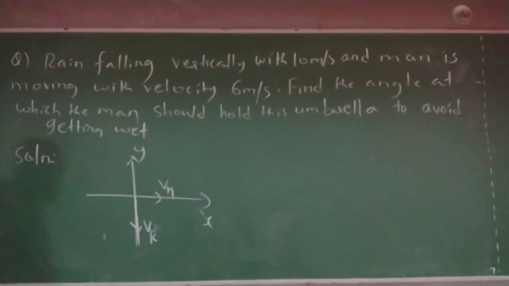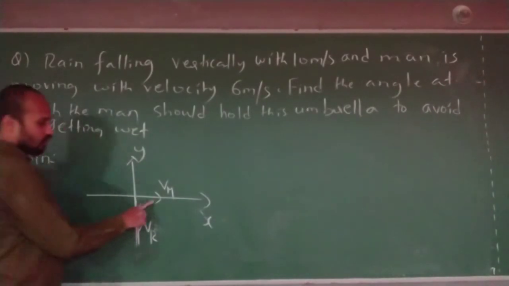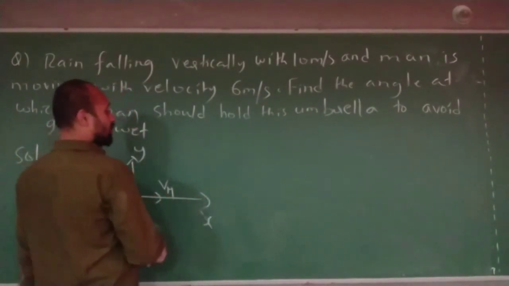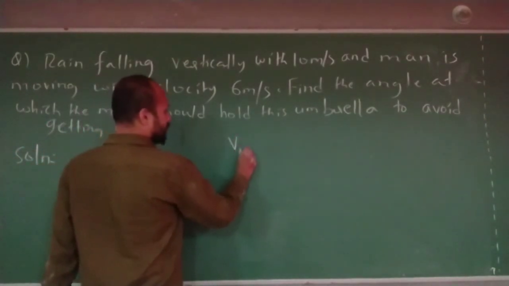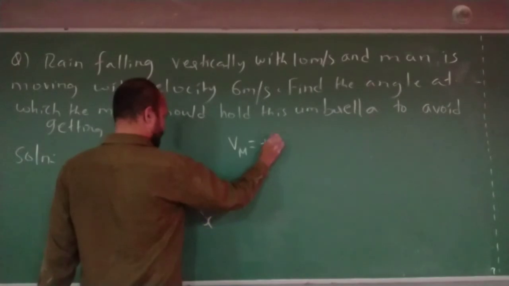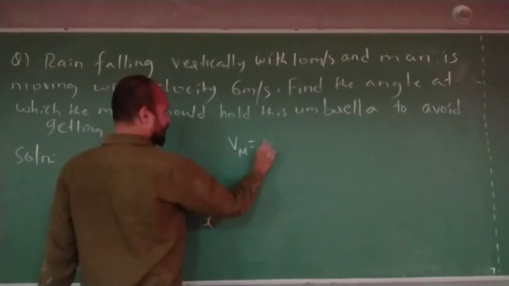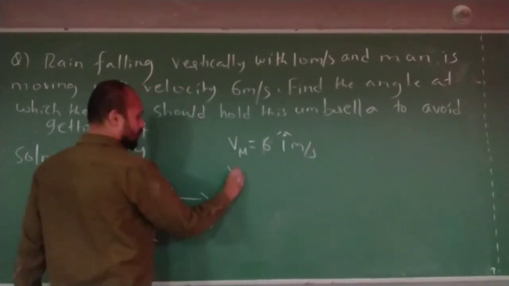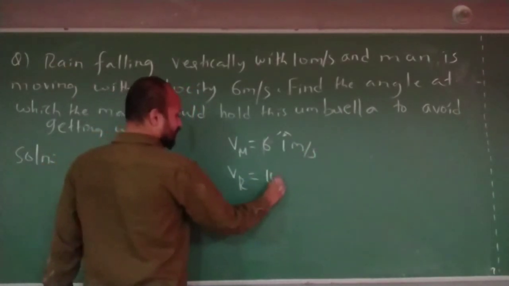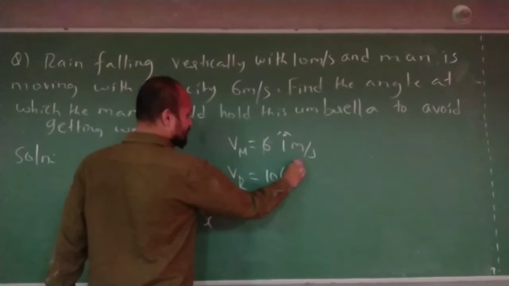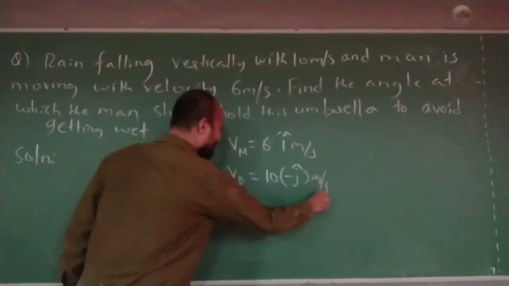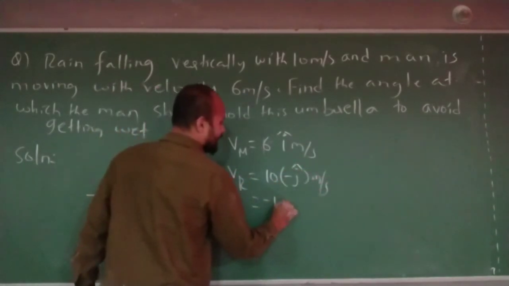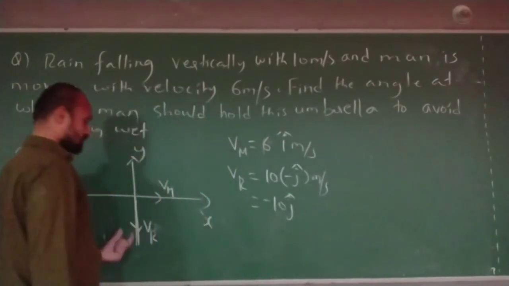So first what I will do, I will find what is velocity of man. If I take along x and y, Vm is equal to 6 meter per second i cap. I can write in terms of i j k. Velocity of rain is 10 meter per second minus j cap, that is minus 10 j cap here.